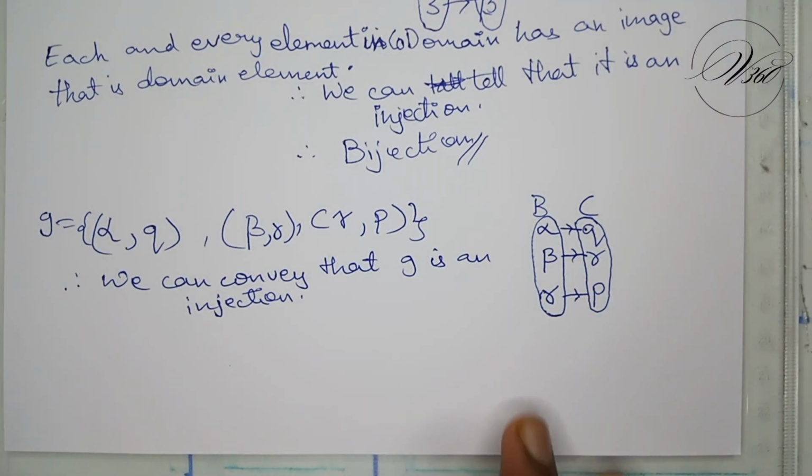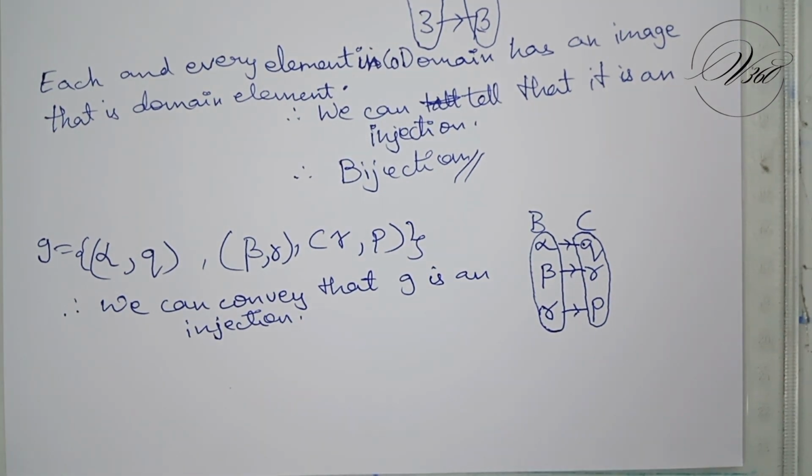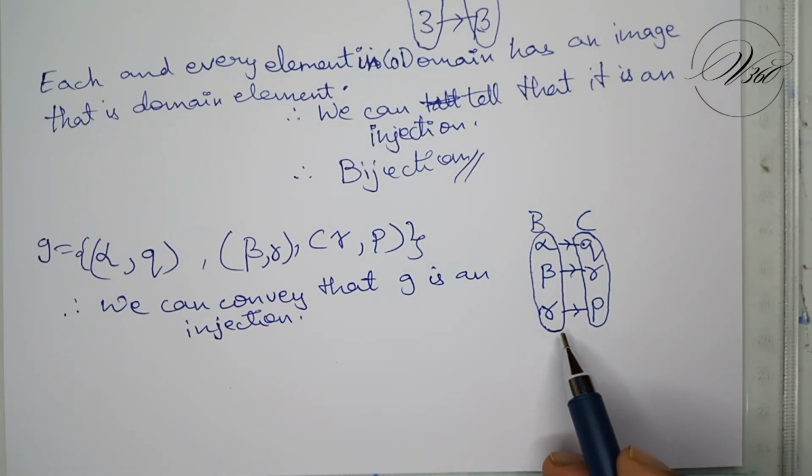Now we will convey that it is a surjection also. To do that, we have to know what is the codomain and domain. Here we already know the codomain and domain.